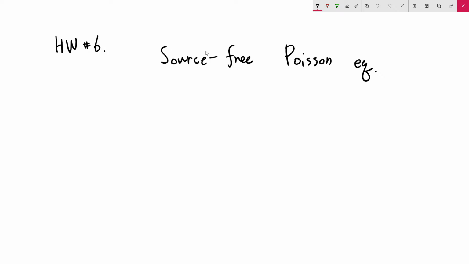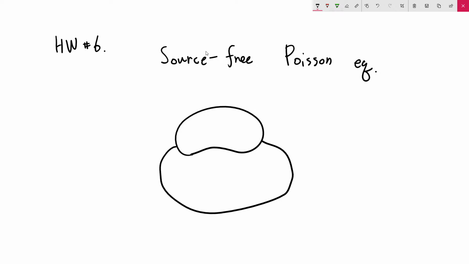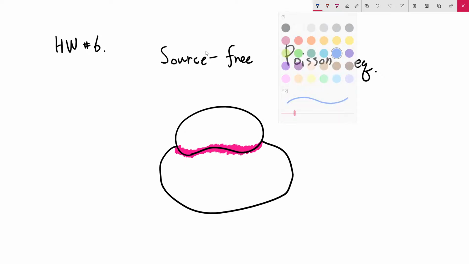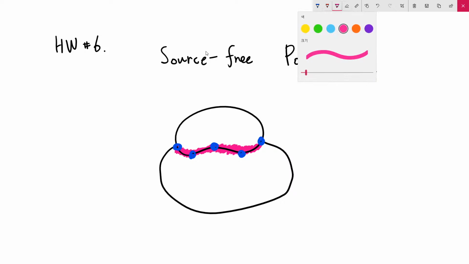So now you can generate an arbitrary structure, and out of it the interface can be automatically recognized, and for this structure you can solve the source-free Laplace or source-free Poisson equation.